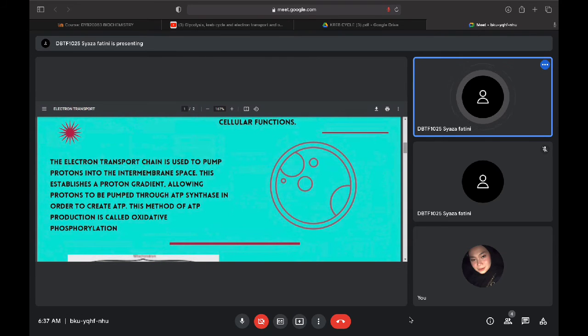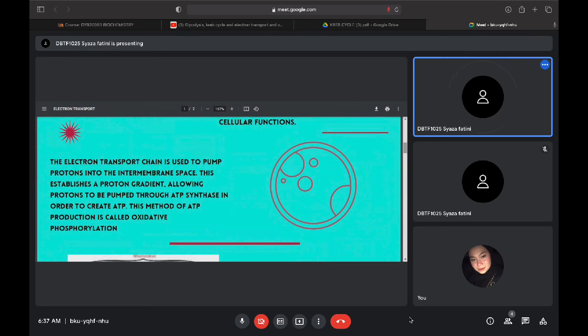The electron transport chain is used to pump protons into the intermembrane space. This establishes a proton gradient, allowing protons to be pumped through the ATP synthase in order to create ATP.